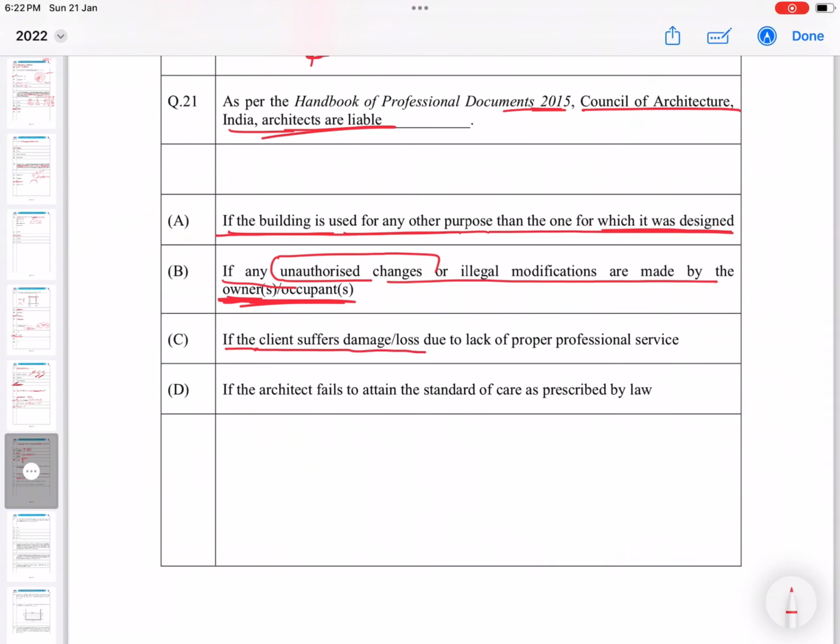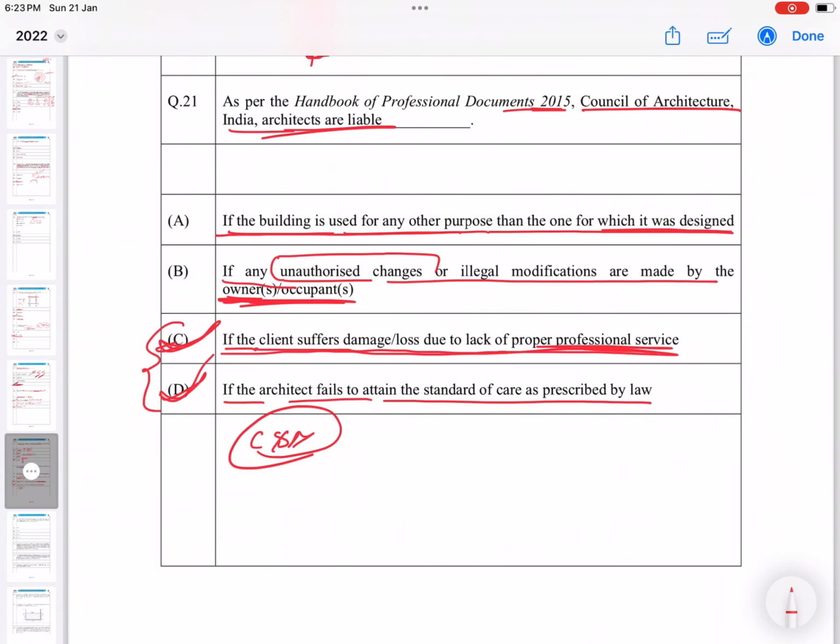Now moving on to C. If the client suffers damage or loss due to the lack of proper professional service, yes, architects are liable for this. They have to present themselves with proper professional service to the clients. And if the architects fail to attain the standard of care, yes, they have to maintain a standard, whatever work they are doing. So C and D will be the correct answer. Architects are liable for these two.